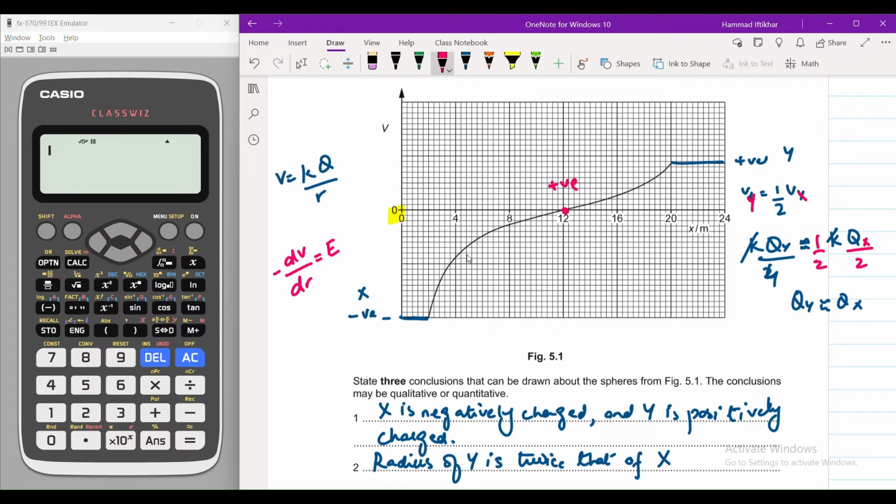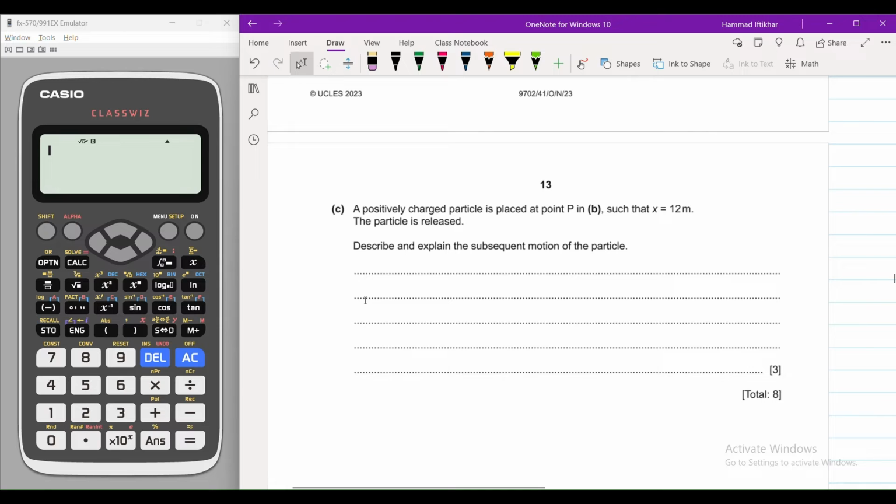So if the gradient is increasing towards the left, towards the x, that means the electric field is increasing. So if the electric field is increasing, that means the force on that charge is increasing. So we can state that also.